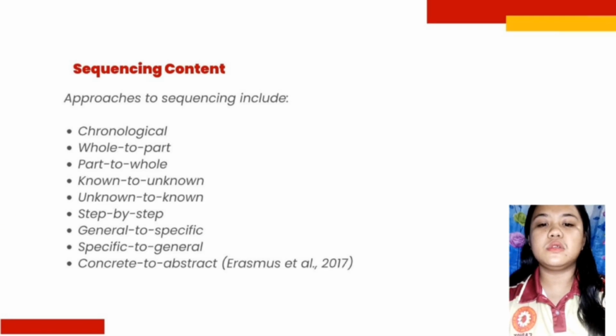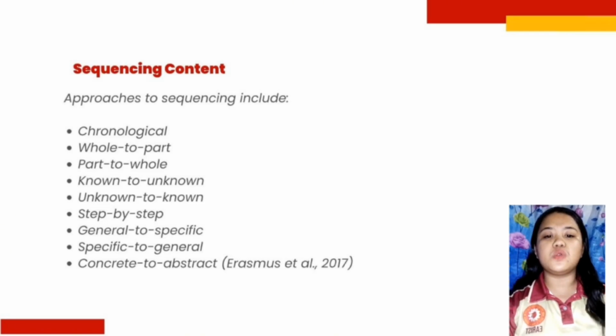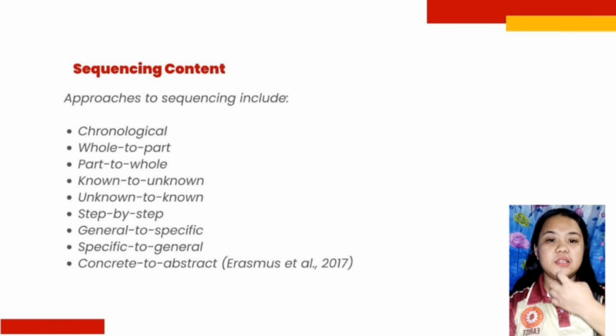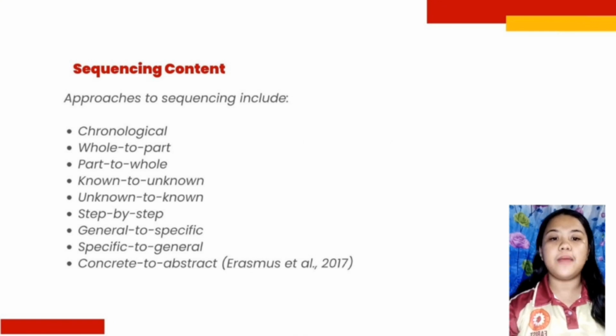So seven is general to specific. General to specific is starting with a broad concept, then moving to details and examples.